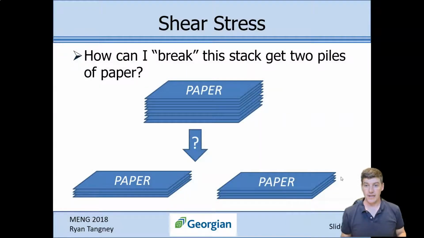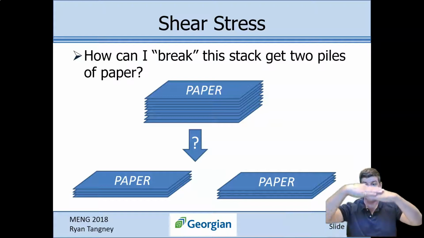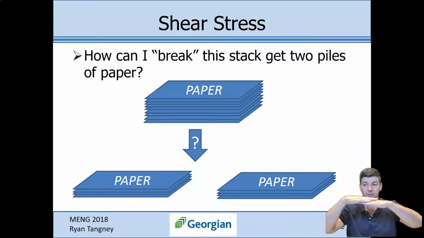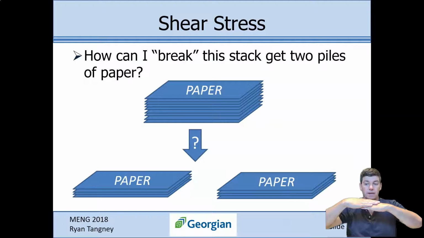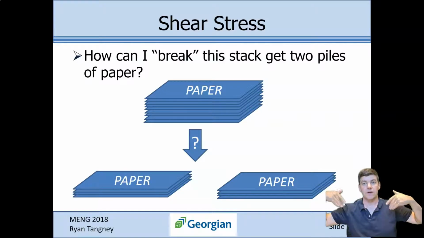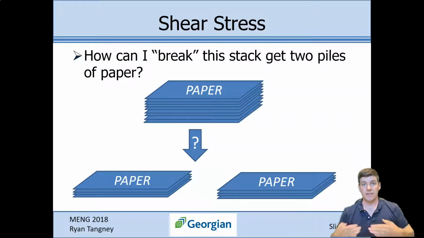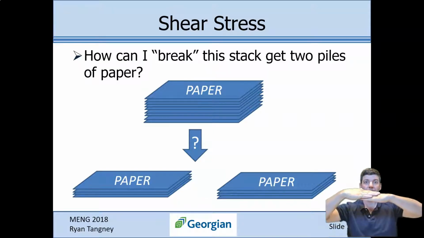Okay, so if I had a stack of papers and I wanted to separate them, I could separate them in a couple different ways. I could separate them by lifting the top layers off, or else I could separate them by sliding them apart. Shear stress is what would happen if we took a material and we broke it apart by trying to slide it in layers.